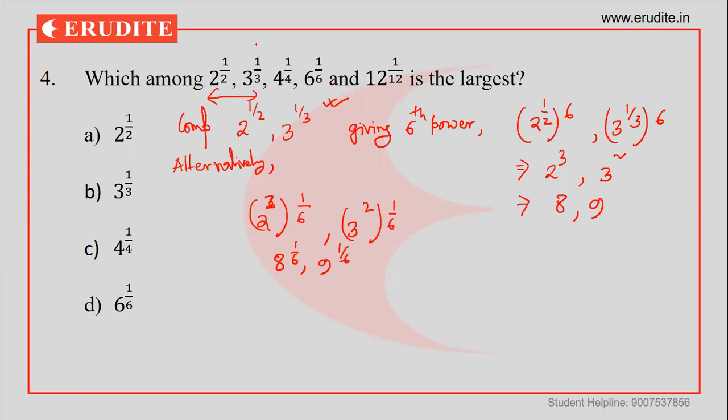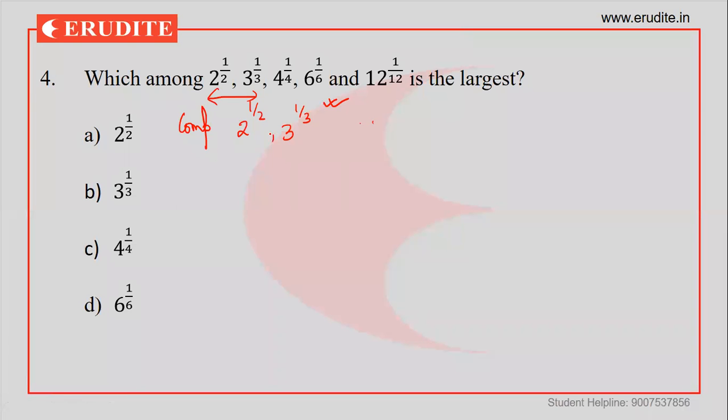Now the same comparison I want to do for 3 and 4. Before that, let me remove the written part. Now we want to compare the next set, 3 to the power 1/3 and 4 to the power 1/4. What is the common power between them? It is 12.